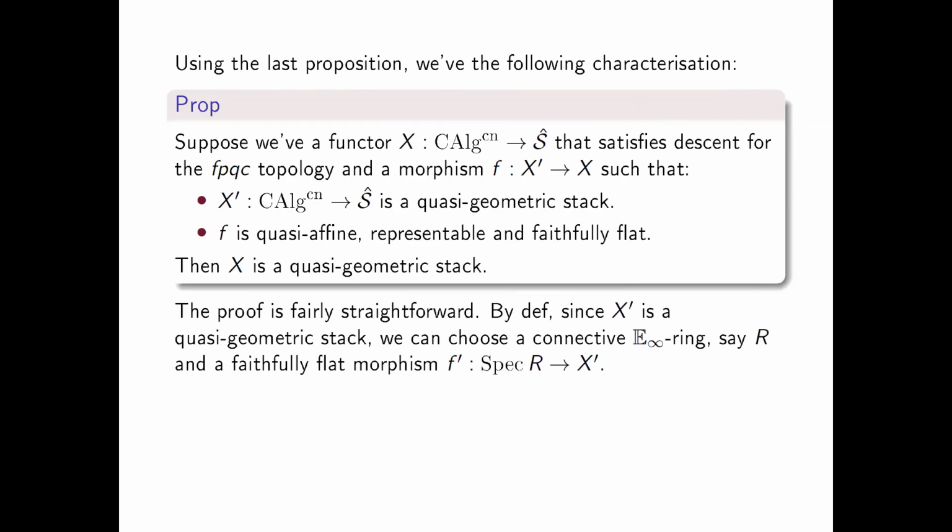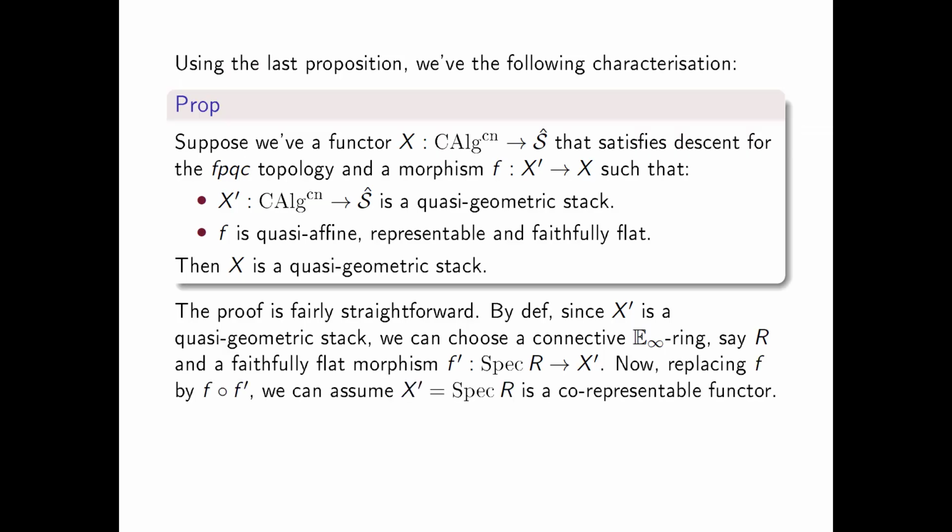I'm not going to talk about the proof for most things, but for this one, let's see. It's a proof sketch. Since X' is a quasi-geometric stack, by definition you can choose a connective infinity ring, say R, and a faithfully flat morphism from spec R to X'. Then you just replace f by f composed with f tilde.